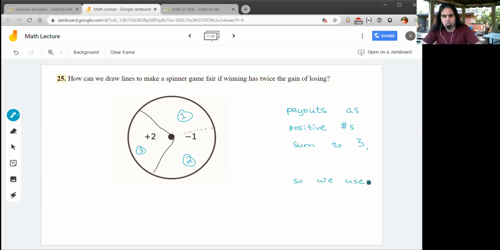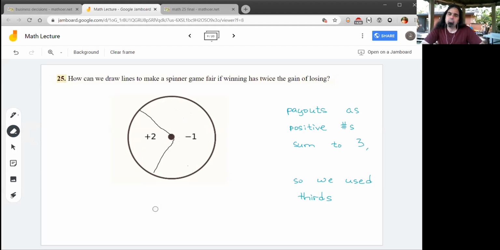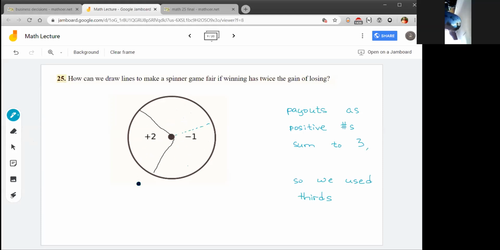So we used thirds. We need 3 pie slices, even if we don't really see them all, because 2 and 1 make 3. Everyone okay with that?